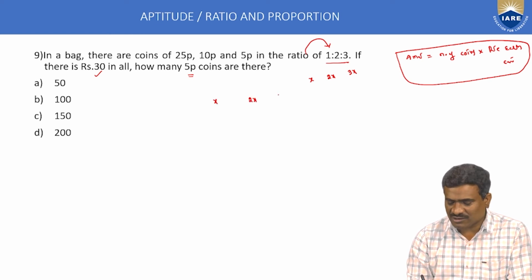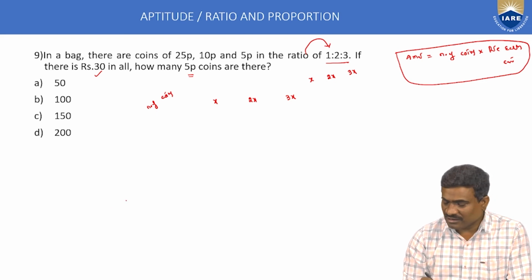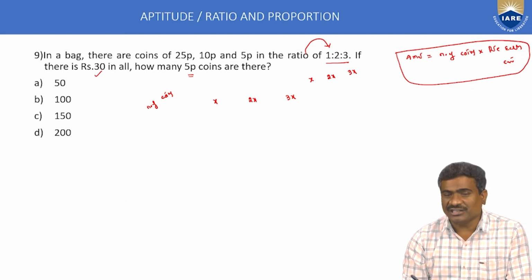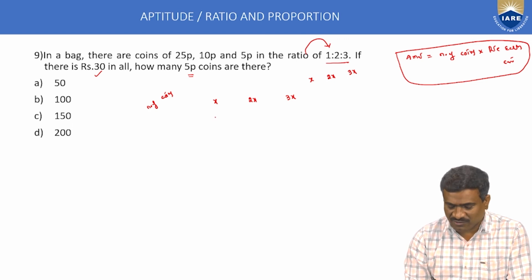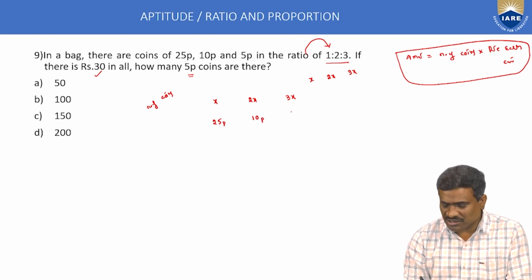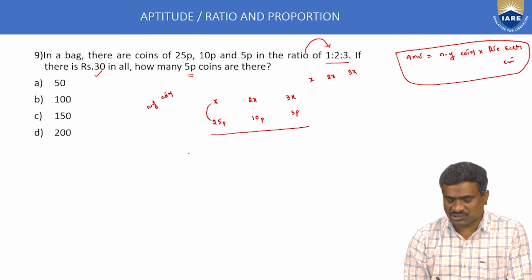Next 2x coins. Next 3x coins. This indicates number of coins. Next, rate for each coin. First one 25 paisa. Second 10 paisa. Third 5 paisa.